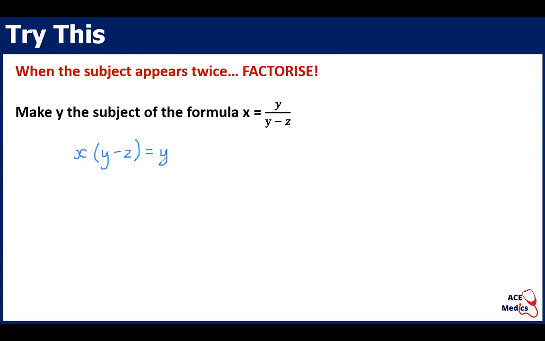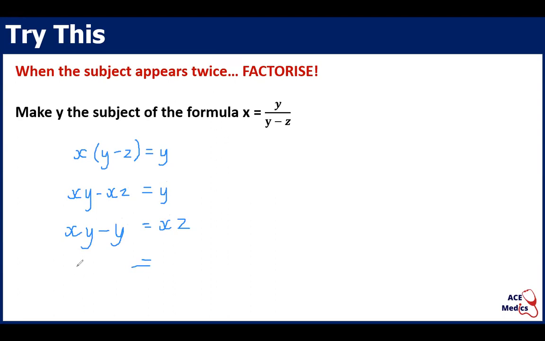Okay, let's carry on with it then. So we want to expand the bracket. So we get xy minus xz equals y. Then we need to get everything with y on one side and everything without y on the other side. So let's take away y. And then let's add xz.